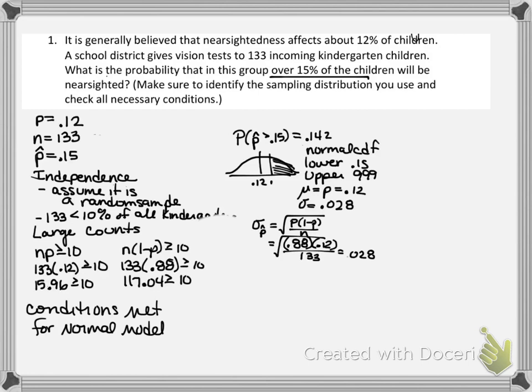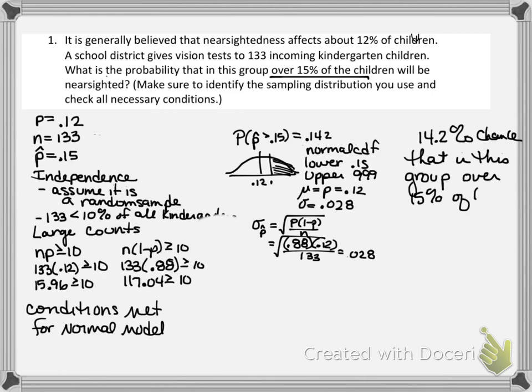So there is a 14.2% chance that in this group, over 15% of the children will be nearsighted.